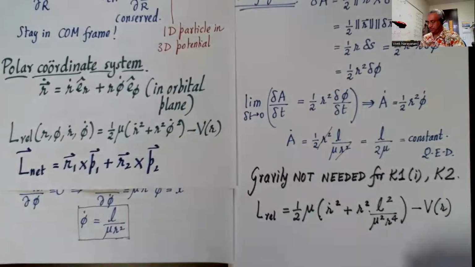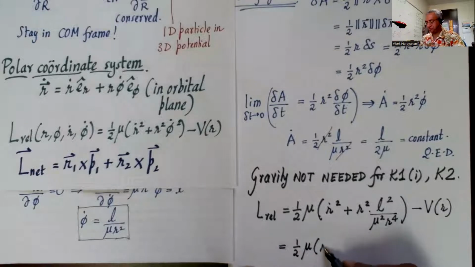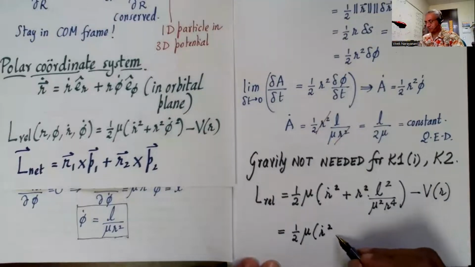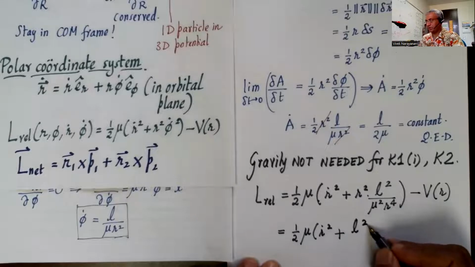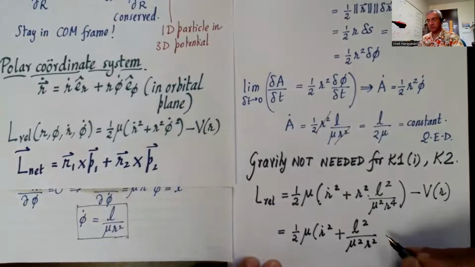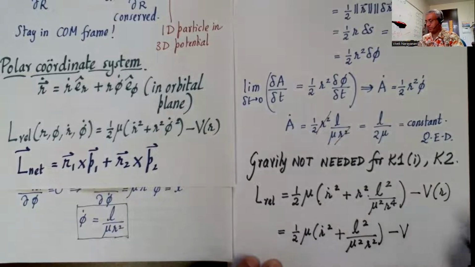So I simplify this. One of the factors of r squared and r to the 4 cancel out. So I'm going to get 1/2 mu r dot squared plus l squared over mu squared r squared minus V.